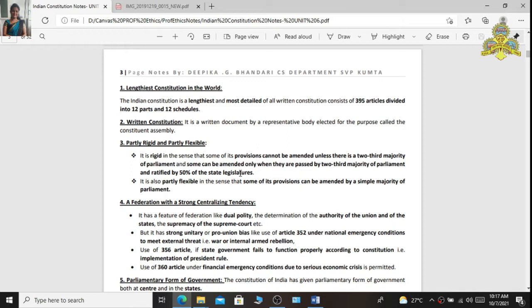Its meaning is the authority is determined as union authority as well as states authority, and the supremacy of the Supreme Court.